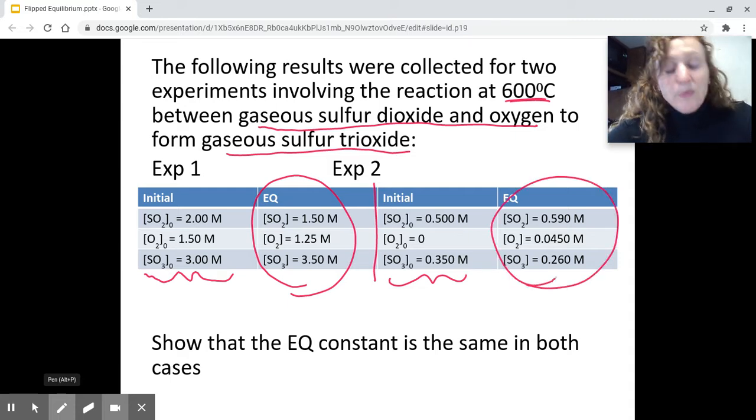So if we look at these, first of all, I want you to look at the initial concentrations and see if you can notice similarities and differences. While you do that, I'm going to write out this reaction.